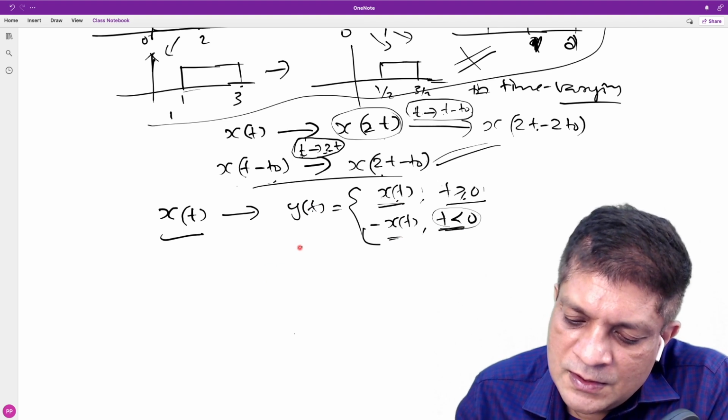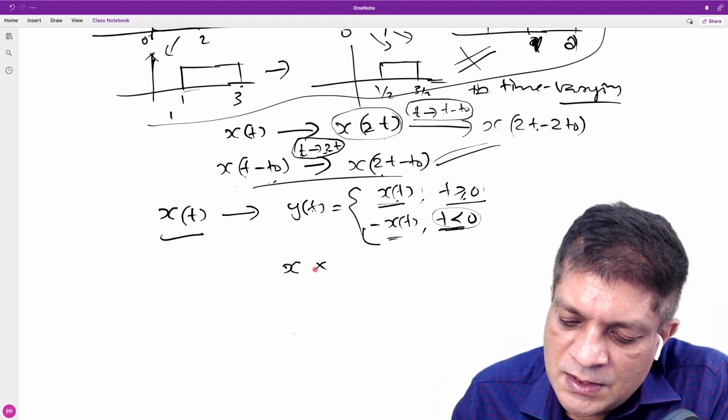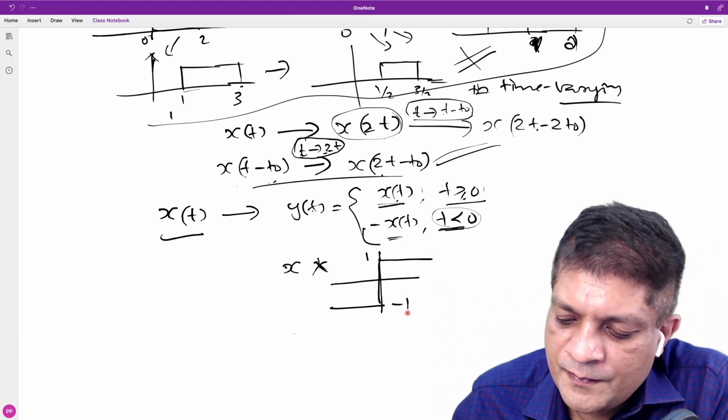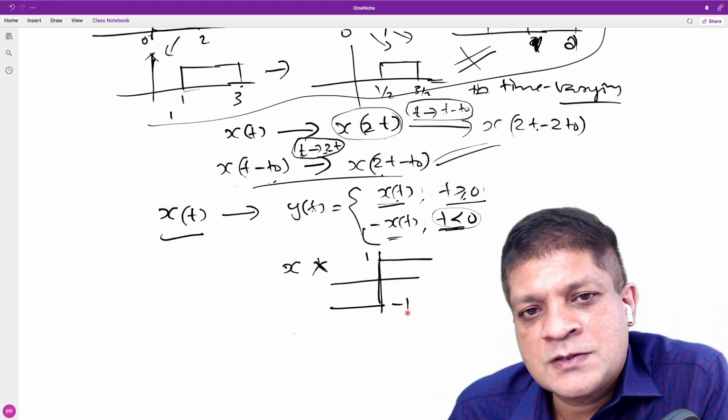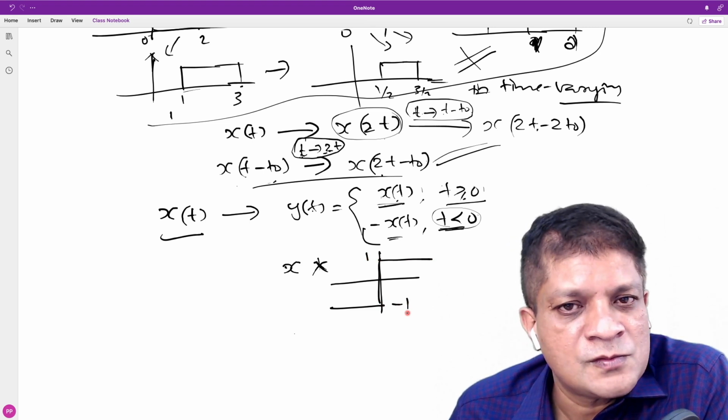So can we say that what the system is doing is x(t) multiplied with a function like this? Yes or no?